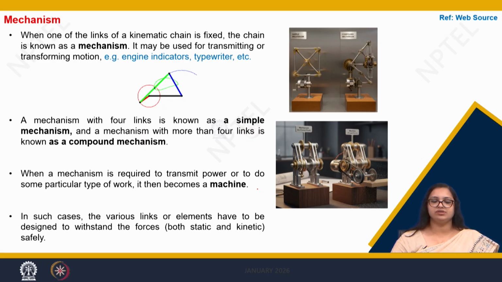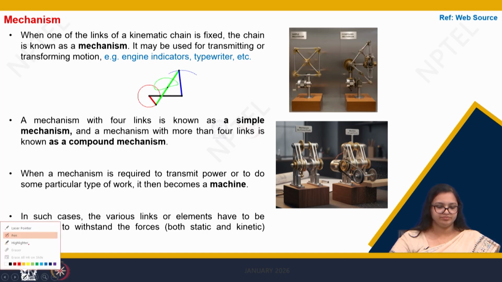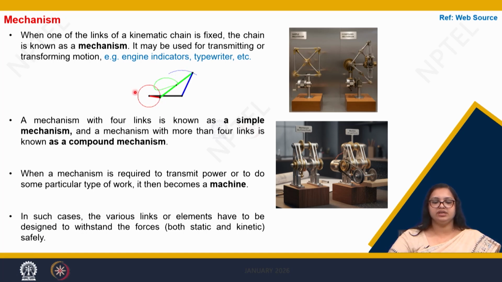Another difference between the kinematic chain and the mechanism is that in a mechanism, one of the links is fixed so that definite motion can be transmitted from one link to the other. As you can see in the example herein, this black link is fixed.